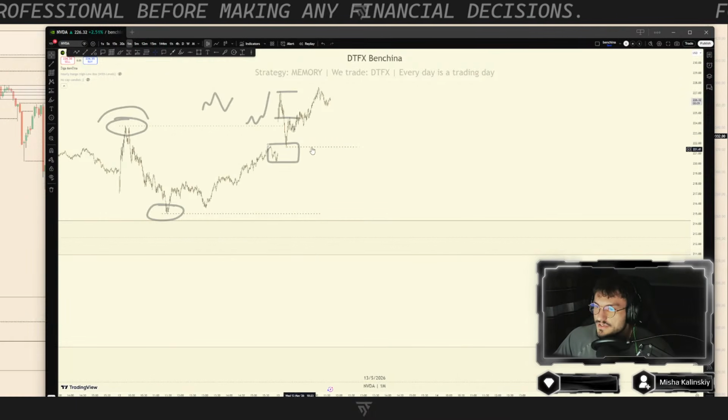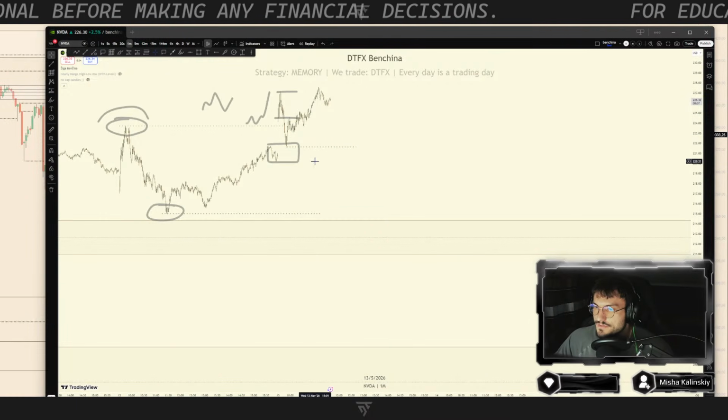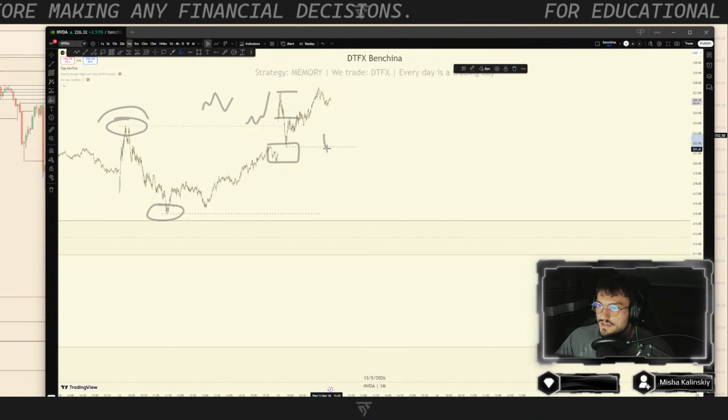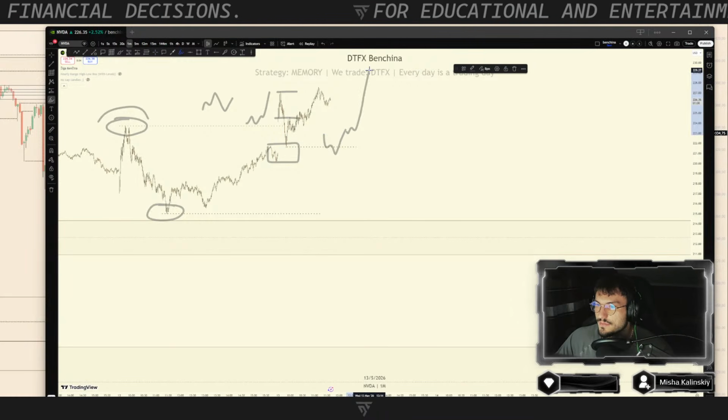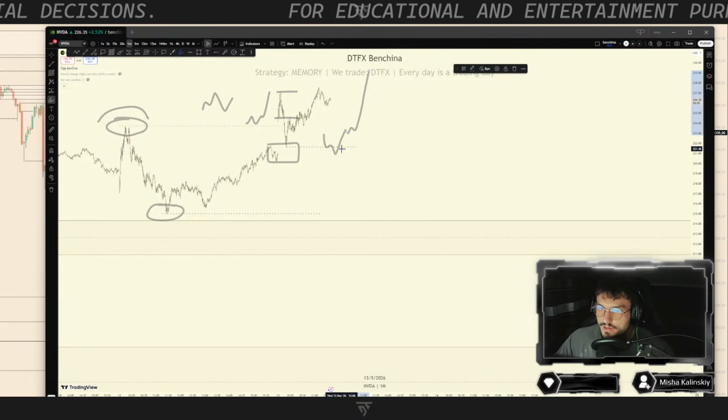Until we break this low, and even this, we're still bearish. But even then, you could get a tap in an SNDR here and get a rejection. You could get a higher time frame move going up.